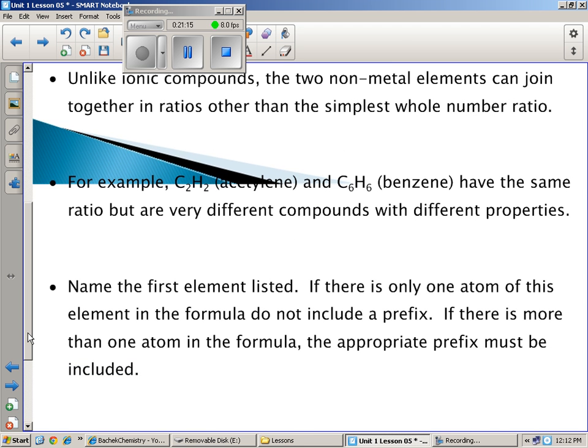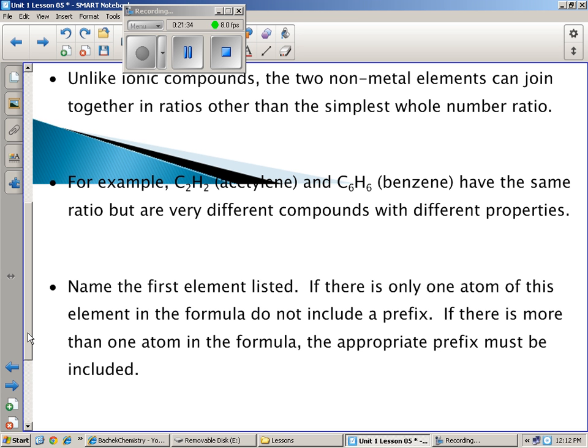One of the things about molecular compounds, first of all, there's no charges, we're sharing. There's no reducing anything either. So like with an ionic compound, calcium 2 plus, O2 minus, we'd swap, drop, and reduce, CaO. We don't reduce here.